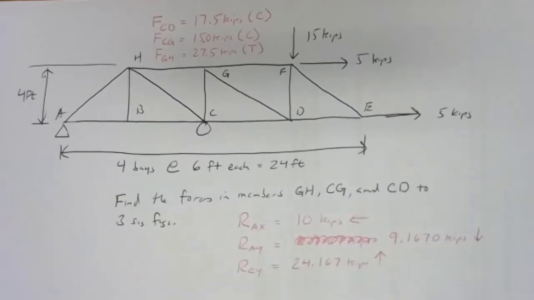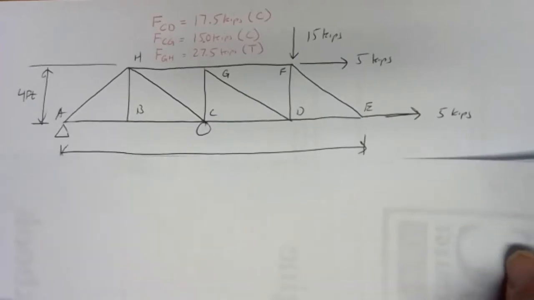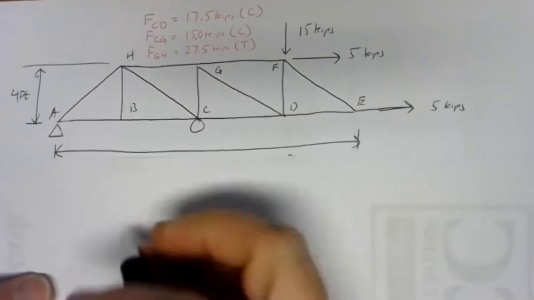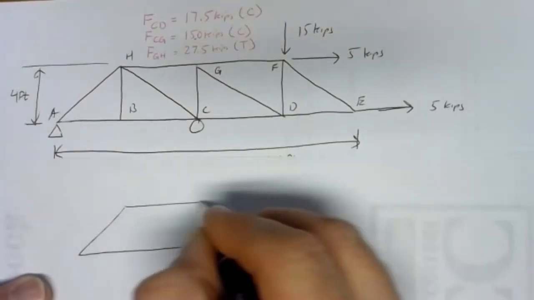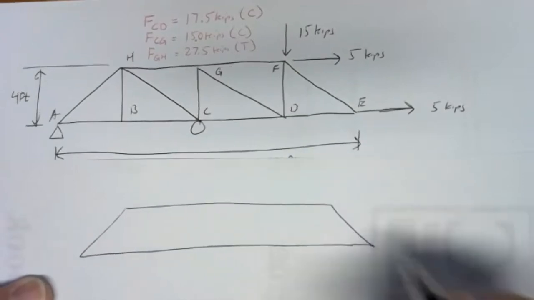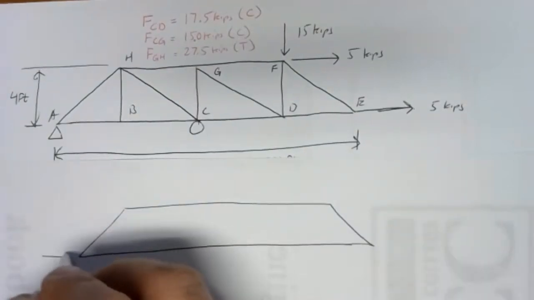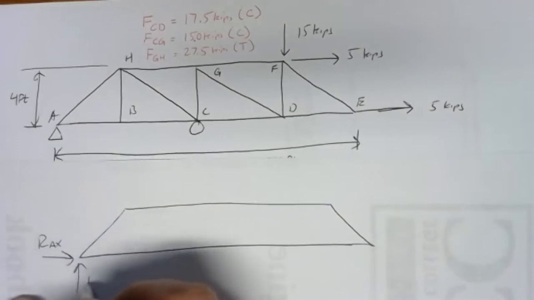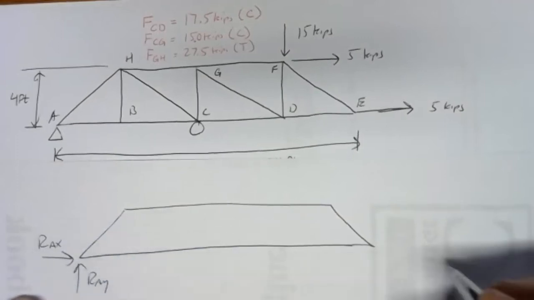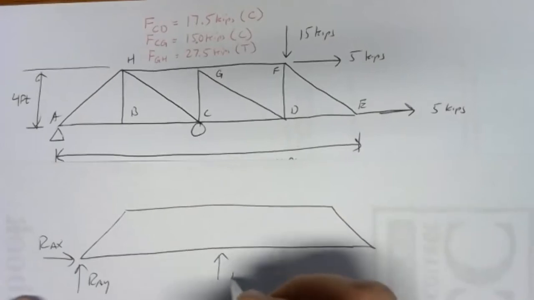So we'll go ahead and sketch the problem out. Remember, for the external problem, we don't need anything other than an outline of the truss and where its supports are. So we've got RAX and RAY. We've got in the middle RCY.